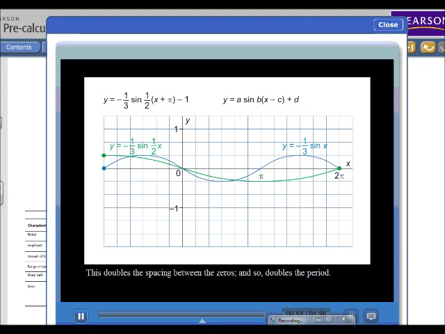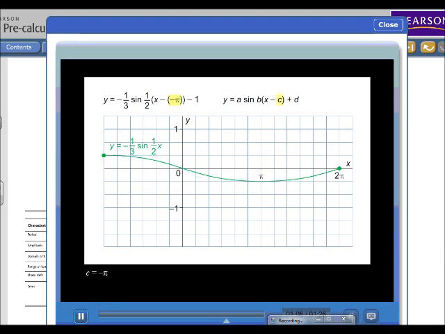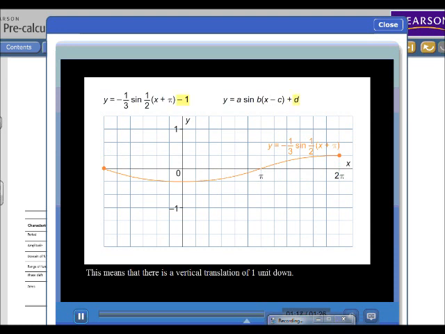This doubles the spacing between the zeros, and so doubles the period. The period is 2 times 2 pi, or 4 pi. C is -pi. This means that there is a horizontal translation of pi units left. D is -1. This means that there is a vertical translation of 1 unit down.